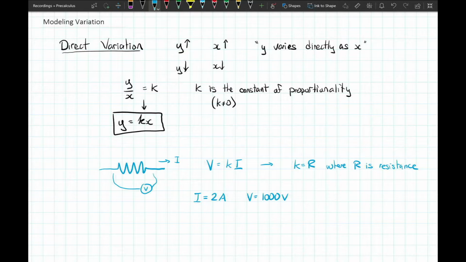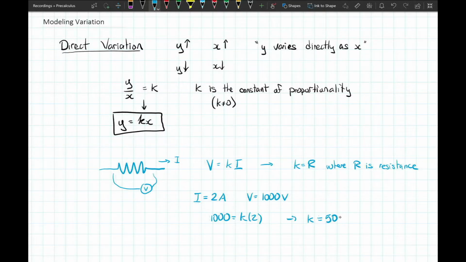Well, plugging those values in, we can decide for ourselves what that constant of proportionality must be. In this case, we would have 1000 equals k times 2. Solving for k, we see that k is going to be equal to 500.